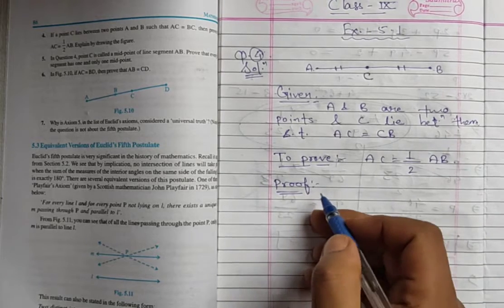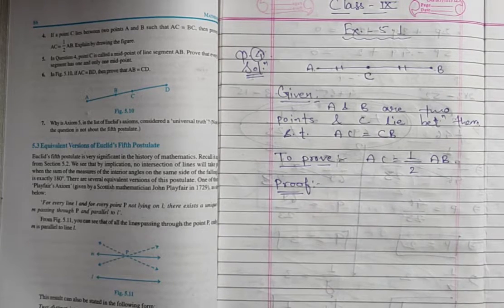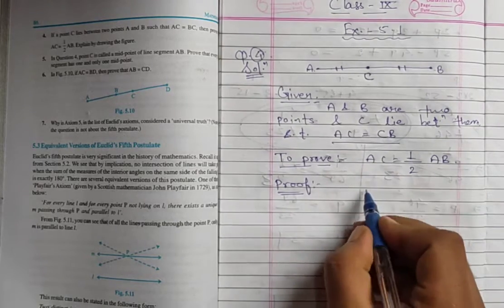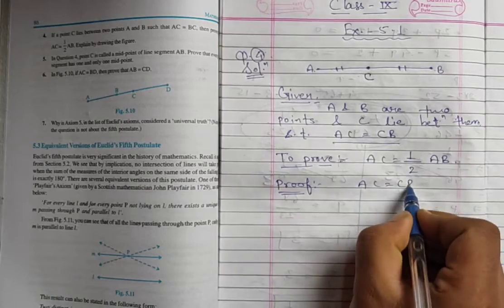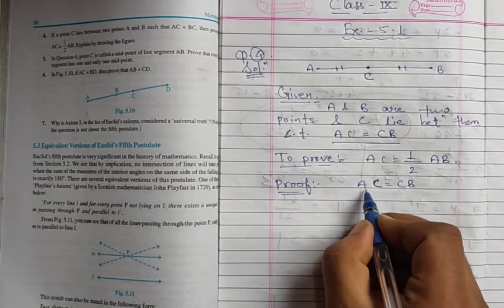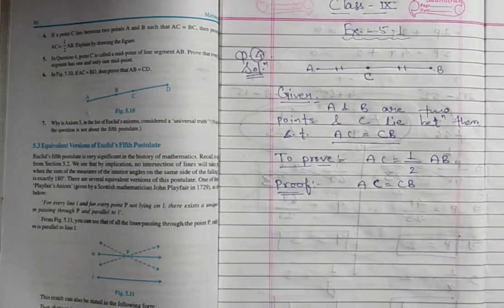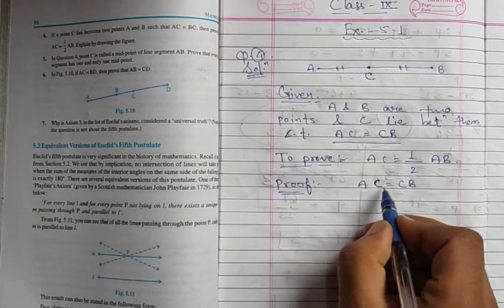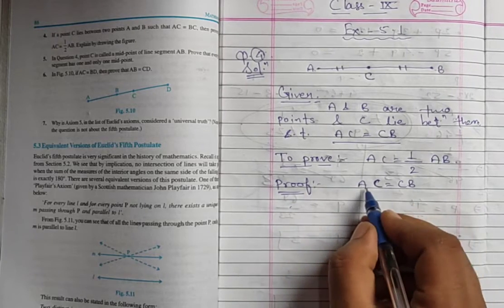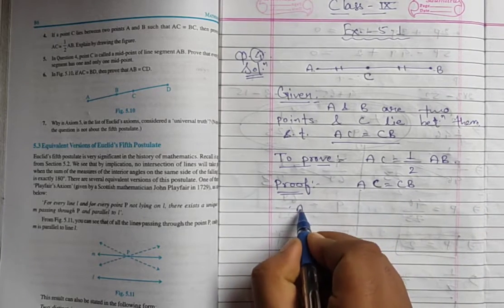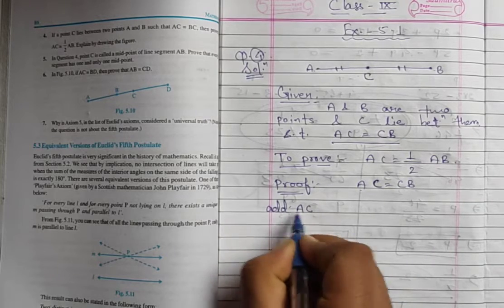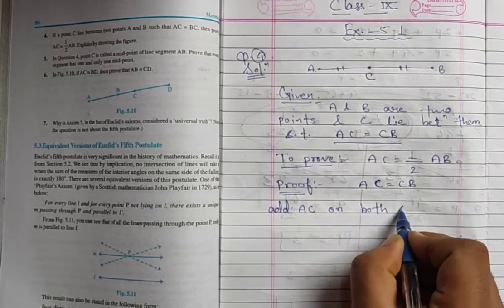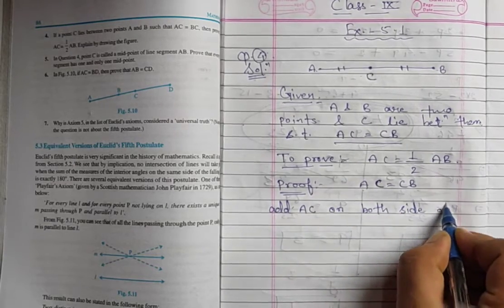So let's start proving. I take the given part as AC equal to CB. These are the given things. Now in this given equation I am adding AC on both sides.